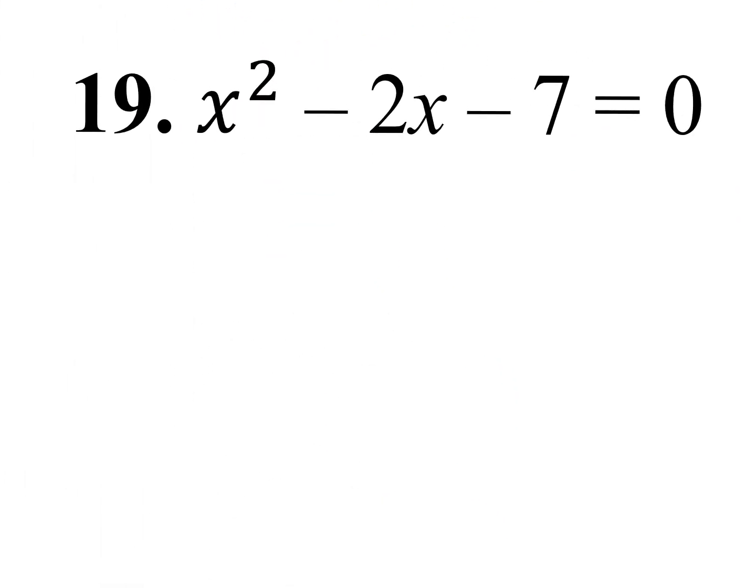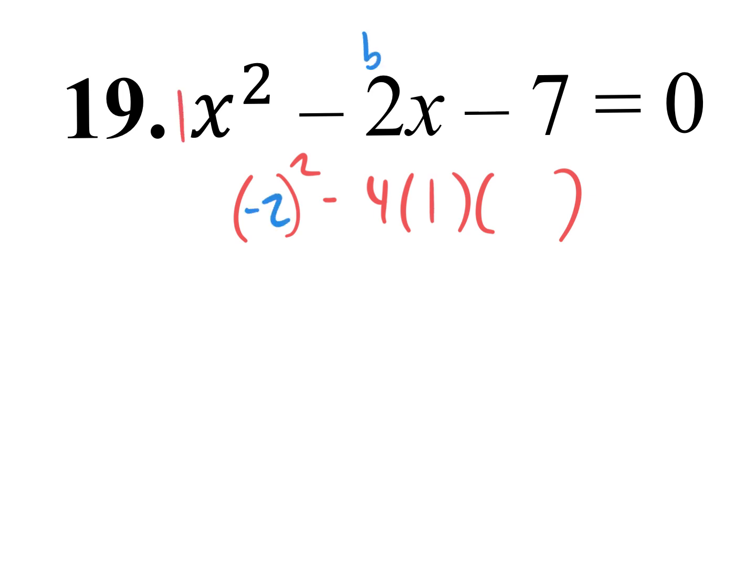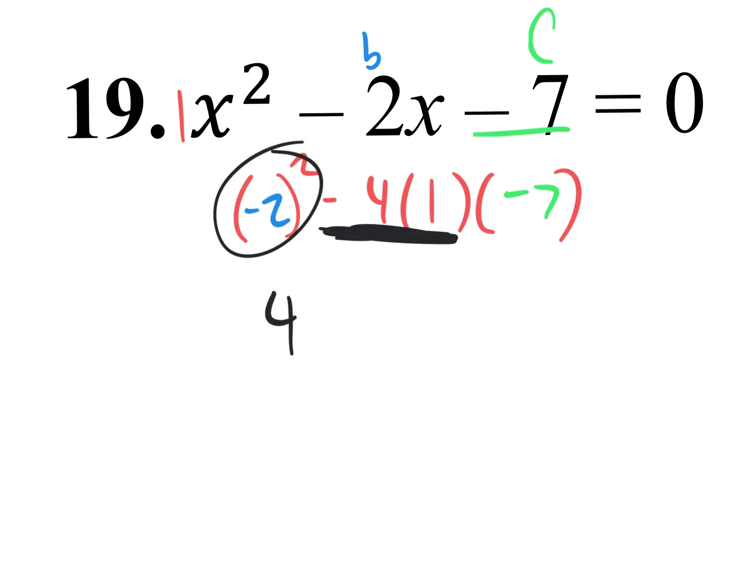Might as well do a couple more. Here we go. Again, b squared minus 4 times a times c, where my b value is -2, my a value is 1, and my c value is -7. Doing the math here, -2 squared is +4. -4 times 1 is -4. -4 times -7 is +28.